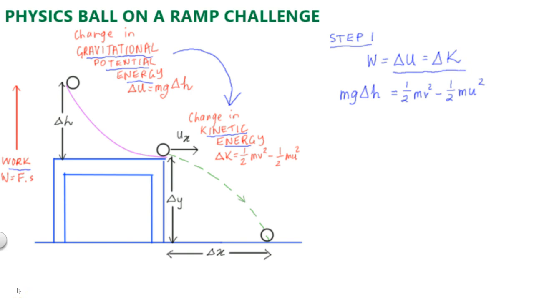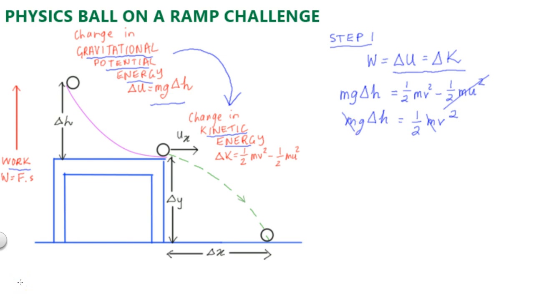When the ball is at the top of the ramp, it just possesses the gravitational potential energy, so we can say that the initial kinetic energy of the ball is 0. So we can cancel that out. Now the first thing you should notice here is that you can cancel out the mass.